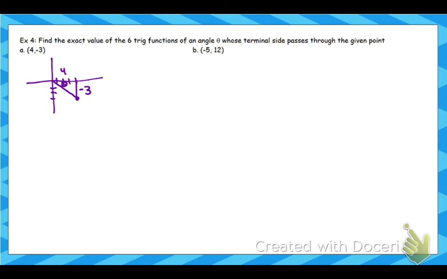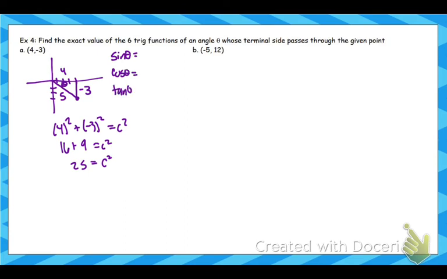The negative actually won't affect our hypotenuse because if I do a squared plus b squared equals c squared, I still get the same thing as if it was a positive 3, because negative 3 in parentheses squared is still 9. So I end up with a hypotenuse of 5.